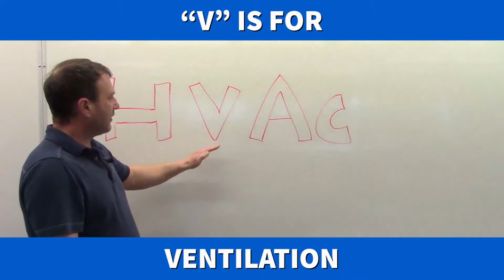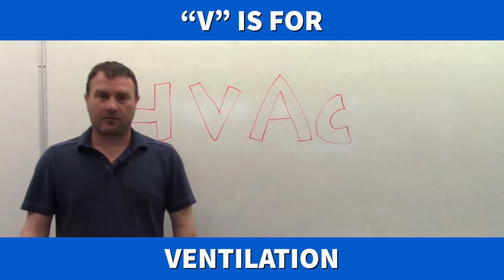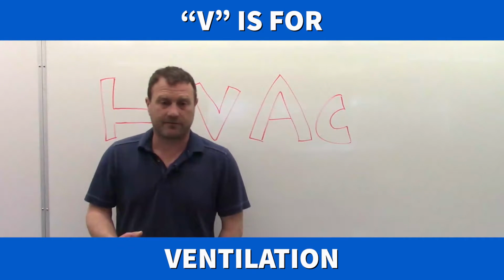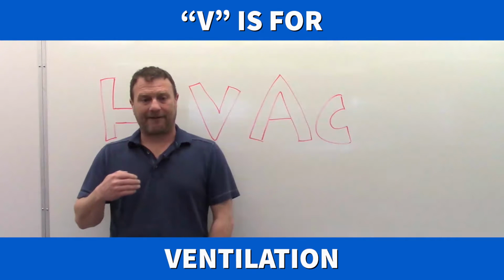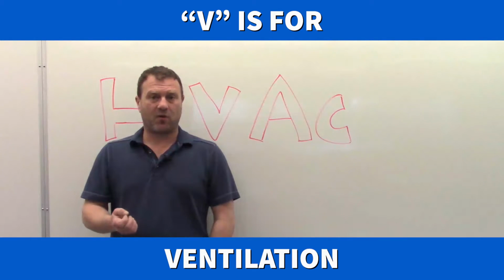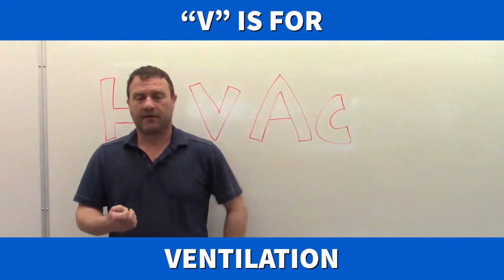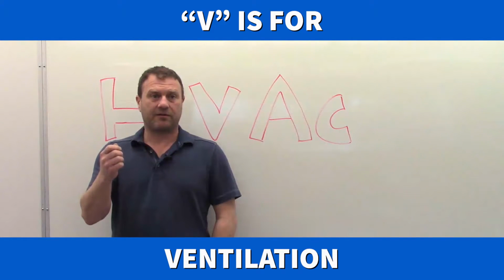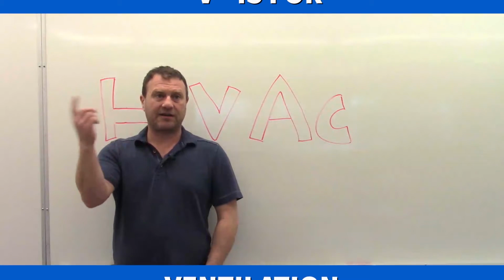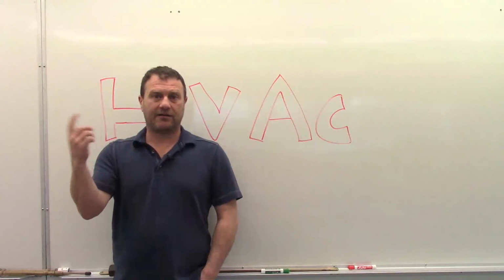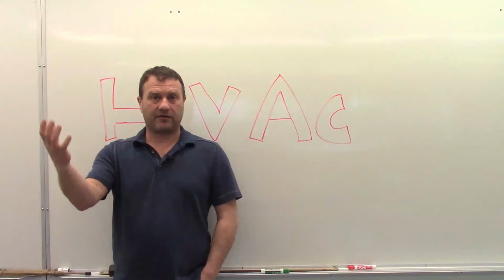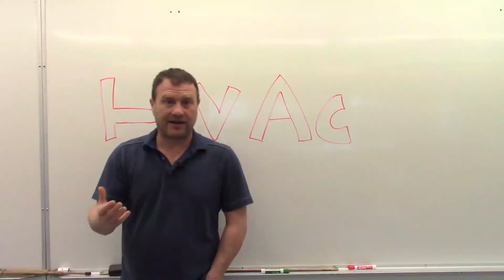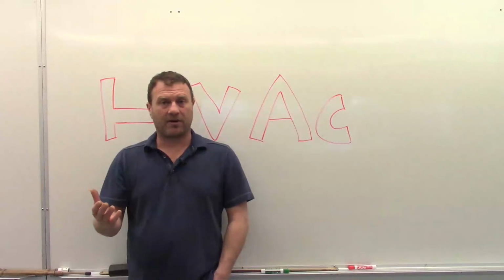And ventilation, or the V, refers to fresh air being introduced into a building or a home. And ventilation is really important. When we think of ventilation, if we just continually recirculate air in a building without introducing fresh air, we can actually contaminate that air with merely carbon dioxide.